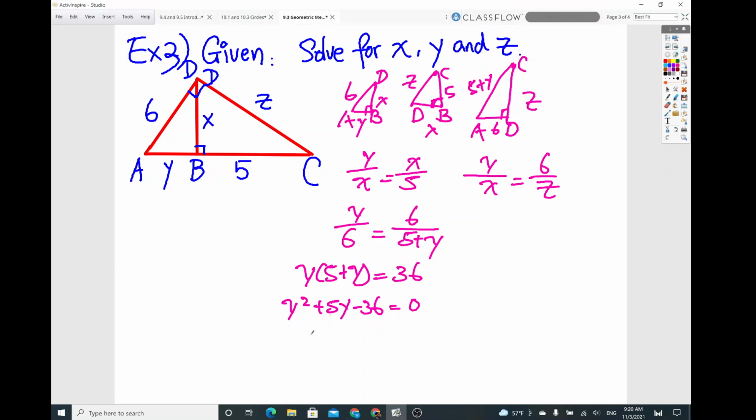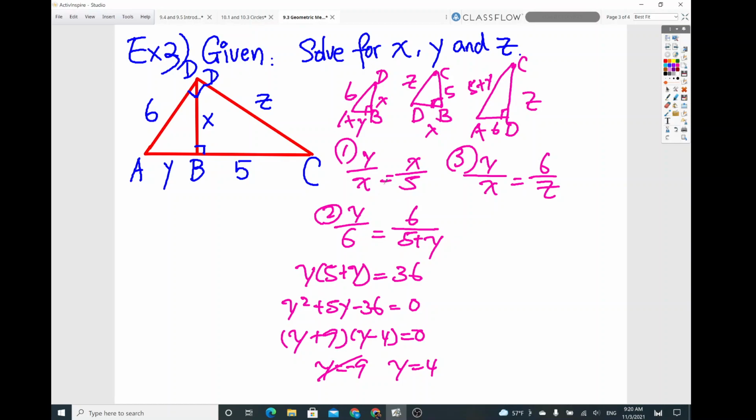So 4 times 9, that would be 36, okay? So one of those numbers got to be negative, one positive, so y plus 9, y minus 4. So y cannot be negative because that's a segment, so negative 9 is the extraneous solution, cross that out, so y equals 4.